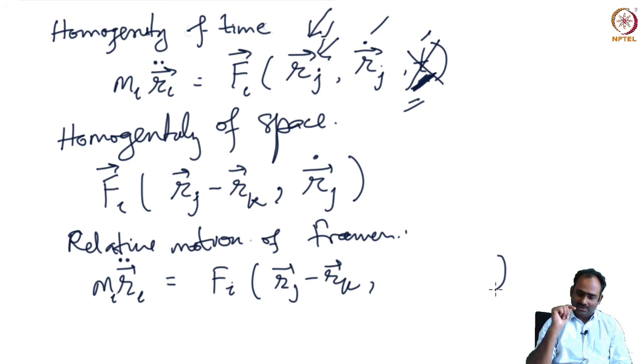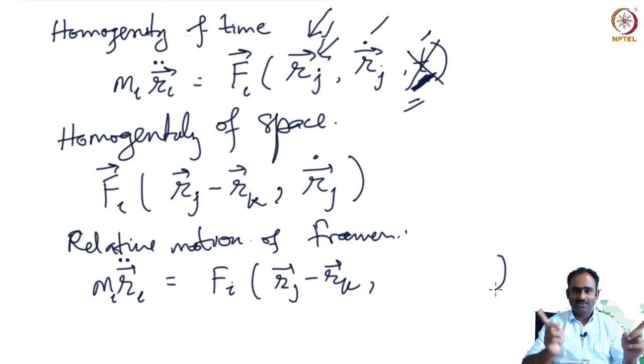So clearly, because the physics is not going to change, the force should not care about what the velocities are in a given frame. What are the velocities of each of the particles in that given frame? What it should care about is only the relative velocities. Because when you go from one frame to another frame which are moving with respect to each other, the relative velocities are not going to change.